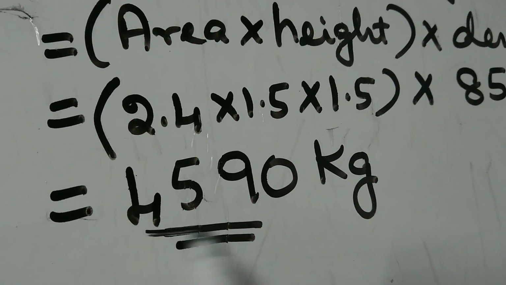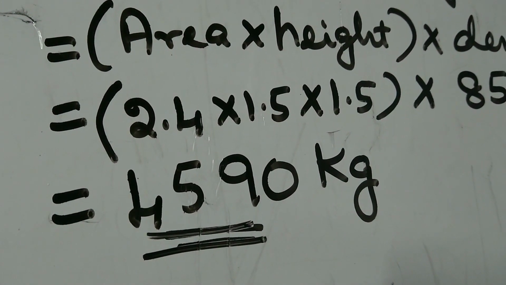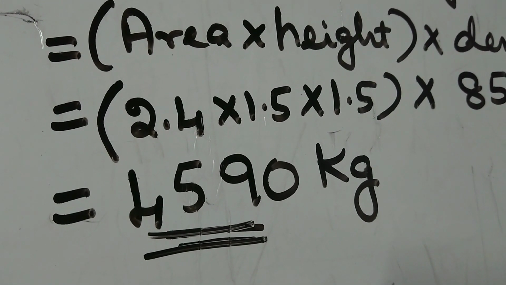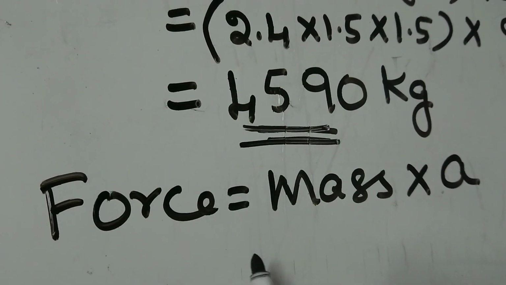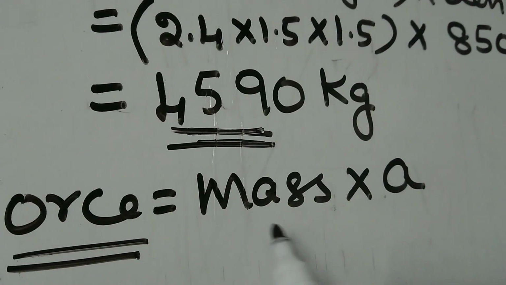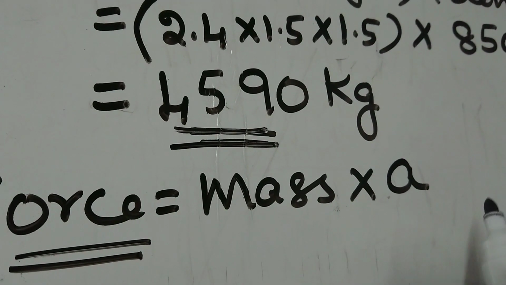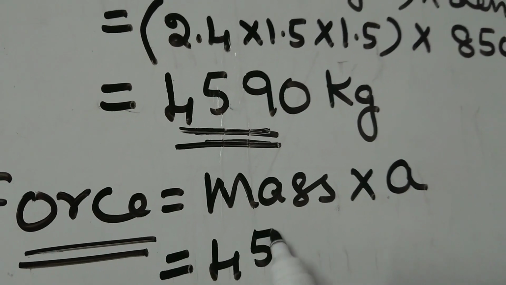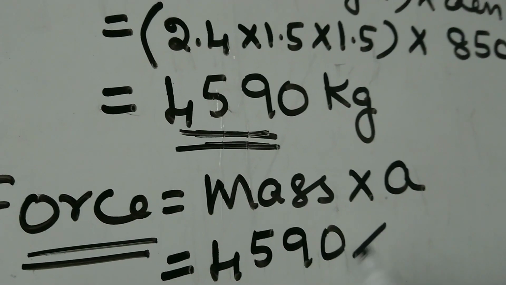So we get mass is equal to 4590 kilogram. Then use the formula to find force. That is, force is equal to mass times acceleration. What is mass? That is 4590 times.